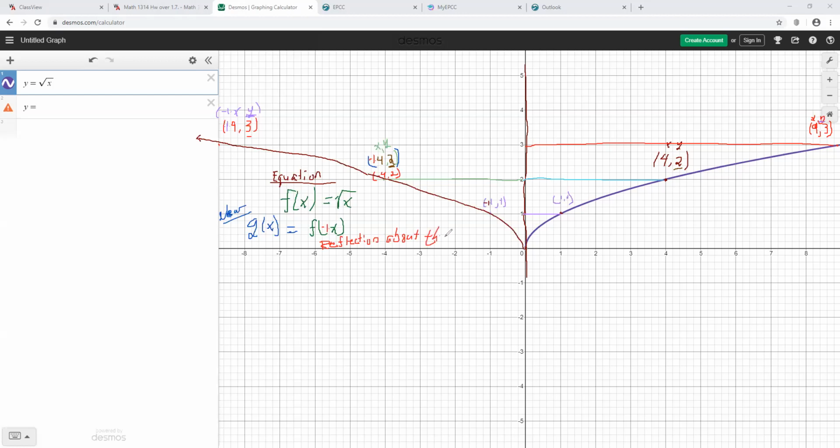So every single time we reflect about the y-axis, this is what's going to happen. You take the original parent function, and inside next to the x, you multiply it by -1, because that's what happens when you take points and you reflect over the y-axis.